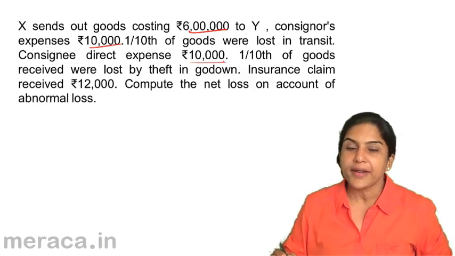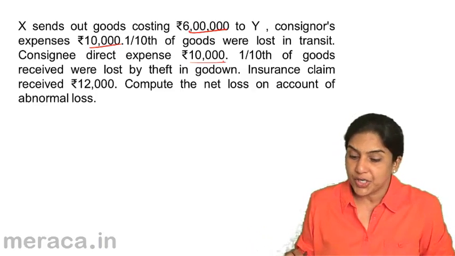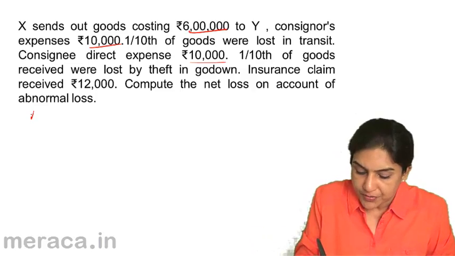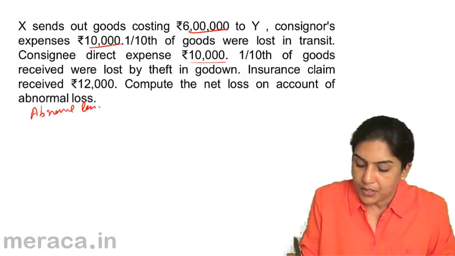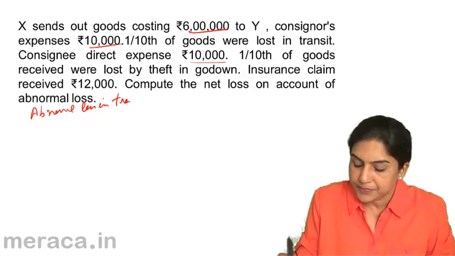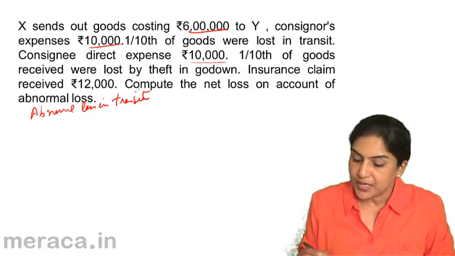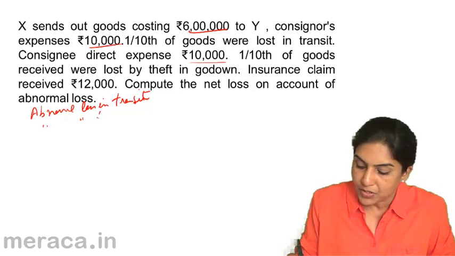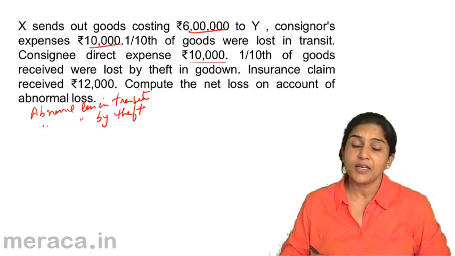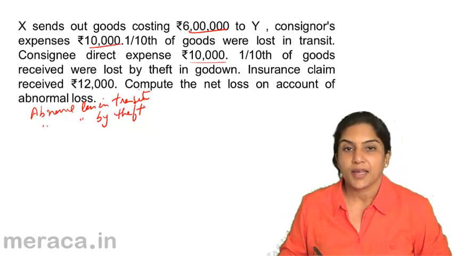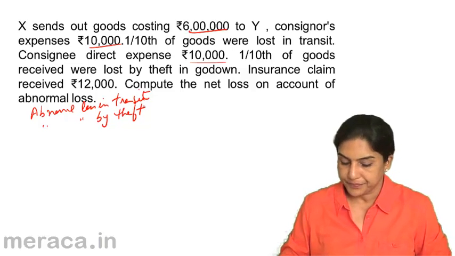Now we had already computed the initial loss. So there are two kinds of loss. One is abnormal loss in transit, and another one is abnormal loss by theft in the godown of the warehouse, in the godown of the consignee.